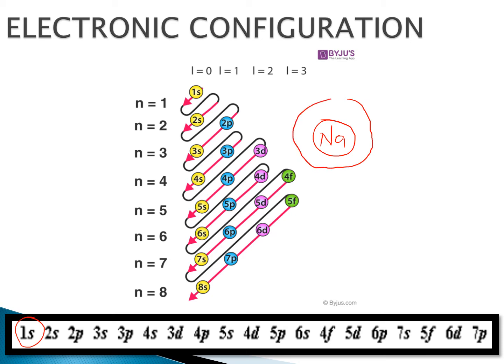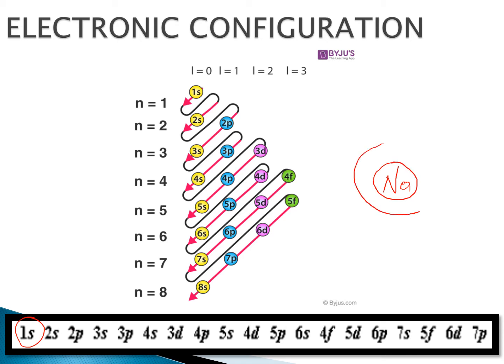Let's transfer it here so that we could have ample space. Again, this is the nucleus of sodium, this is the first energy level, and this is our 1s. Next, we will proceed with the second energy level.